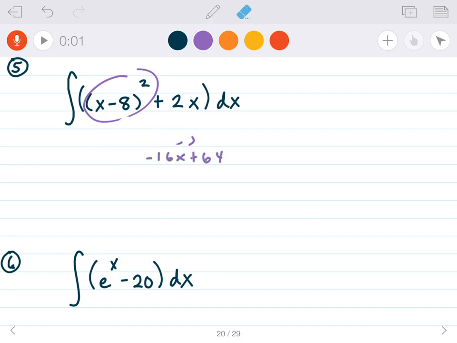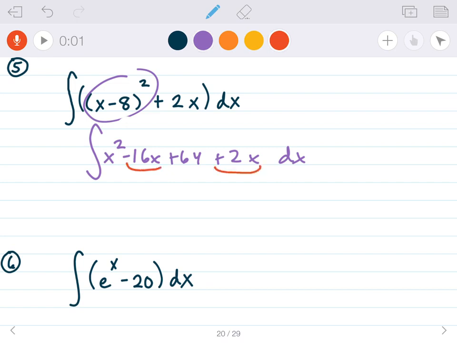So I'm going to erase that. So we got x squared minus 16x plus 64 plus 2x dx. Okay, I can combine these like terms first. So I got x squared minus 14x plus 64.